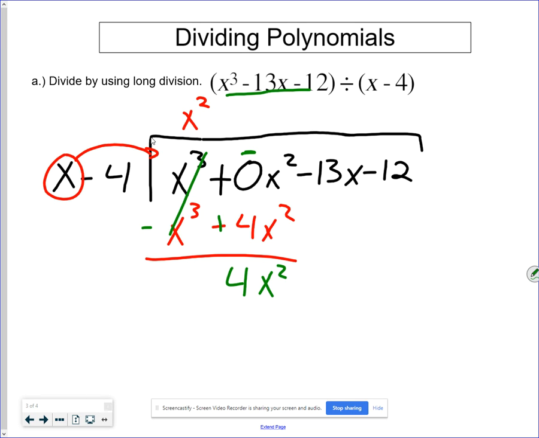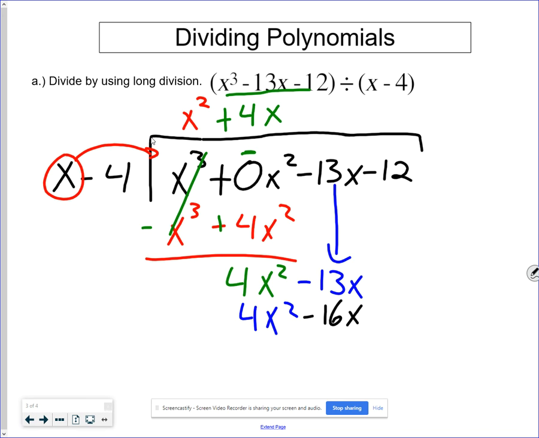So next, we'll take x into 4x squared. In this instance, it goes in 4x times. So x times 4x is 4x squared. Oh, I forgot to bring the term down. So remember to bring your term down. So now we'll take negative 4 times 4x, which will be negative 16x.